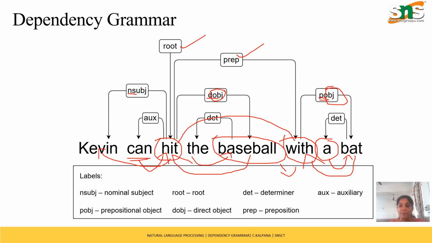These things are root, preposition, object, subject, auxiliary verb, determiner, nsubj, and we call them dependency labels.